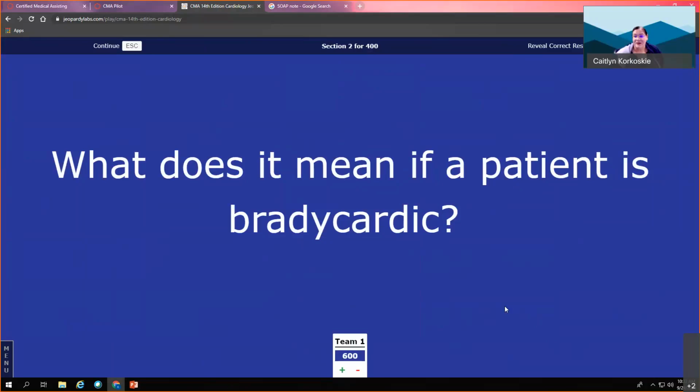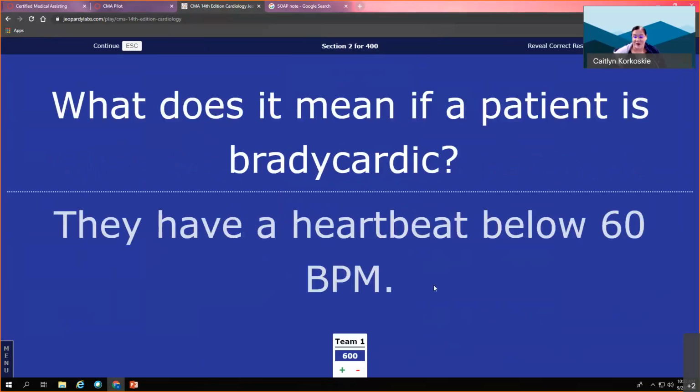At what number would they be considered bradycardic? Their pulse rate. Like 70, 60, 50, 60. So it would be below 60.